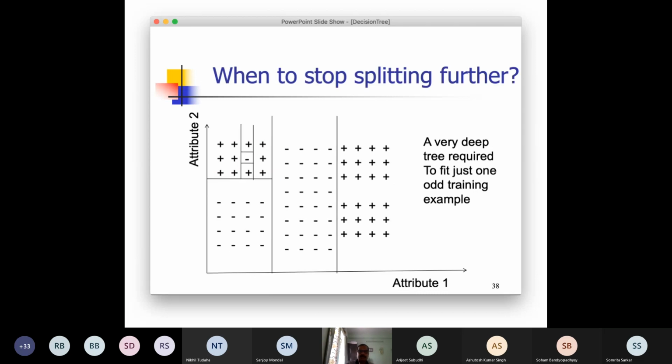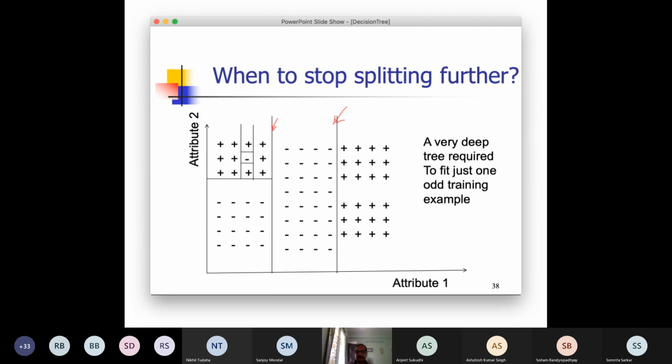So this is just a schematic example of this particular type of data. So I hope this is understood. These are the splittings which take place. If I grow it, suppose this is the first splitting attribute 1, then again this is a second splitting on the same attribute.